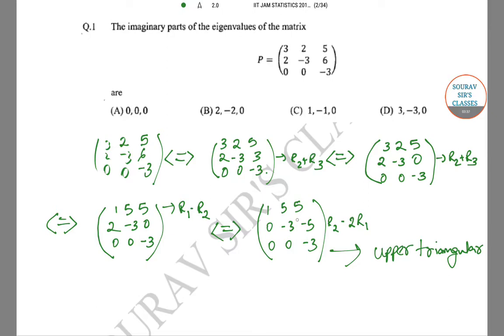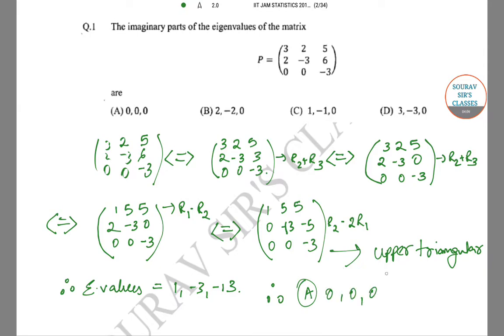I beg your pardon, here this will be minus 13 because it's minus 3 minus 2 times 5, which is minus 3 minus 10, which is minus 13. Therefore we know that the eigenvalues of the matrix are 1, minus 3 and minus 13. Therefore A, 0, 0, 0, are the imaginary parts of the eigenvalues. So this A is the correct answer.